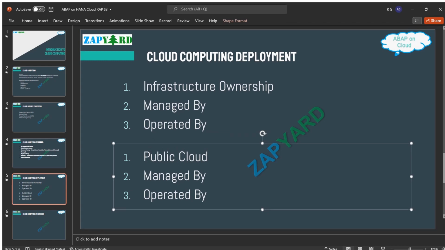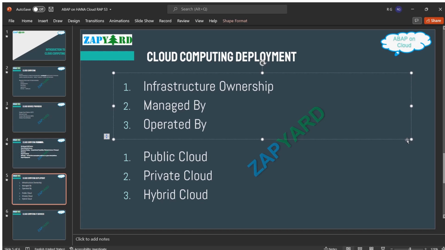The second one is the private cloud. And the last, which is a combination of few features of public cloud and private cloud, is known as the hybrid cloud. We will try to understand all these features one by one now.